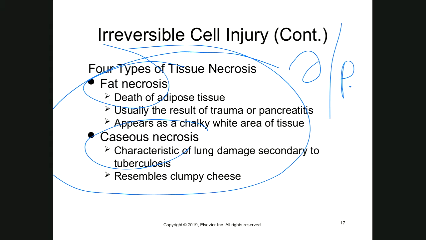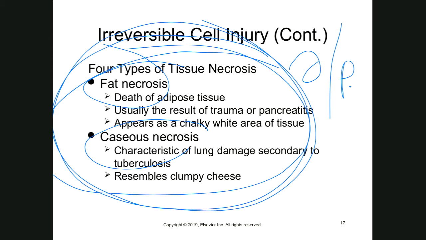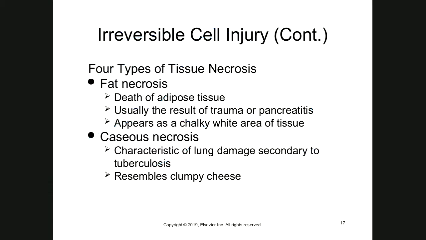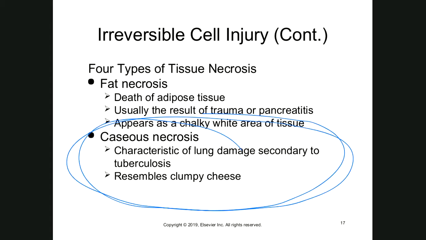Careful with those two necroses, death of adipose tissue, and caseous necrosis. Very important like that. Now, many people have problem identifying which necrosis it is from the other one. But this one is very characteristic because first of all, it looks like a clumpy cheese.